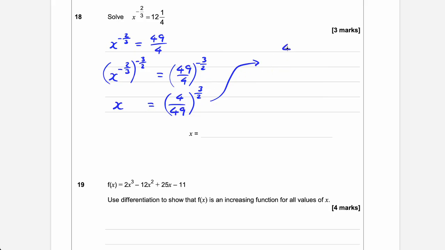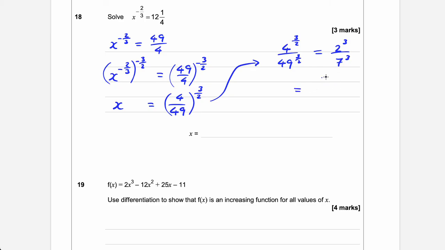It's 4 to the 3 over 2 over 49 to the 3 over 2. So you do the power to the numerator and to the denominator. Now this is the square root, because the 2 is at the bottom of the fraction, so that's the root. So it's the square root of 4, which is 2 cubed, and the square root of 49, which is 7 cubed. So now it's just 2 cubed over 7 cubed.